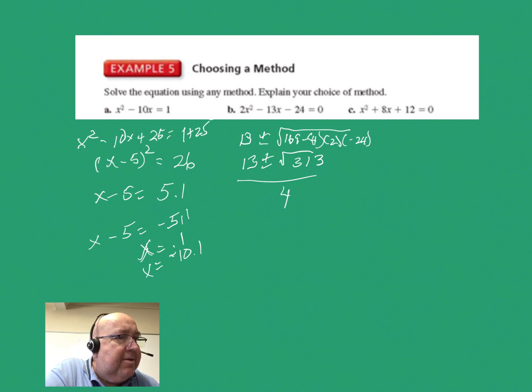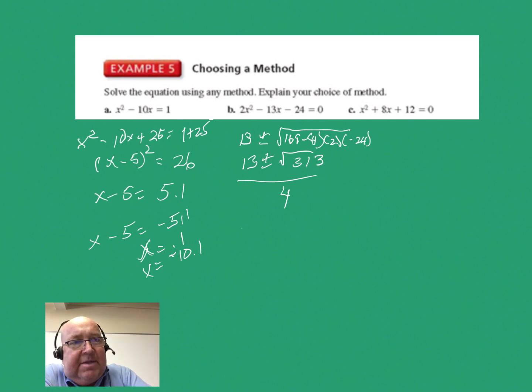Square root of 313 is 17.7. So we have 13 plus 17.7 divided by 4, and 13 minus 17.7 divided by 4.